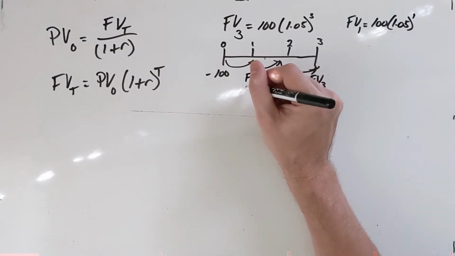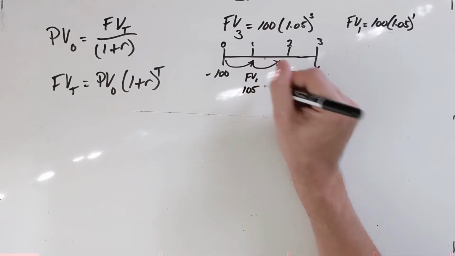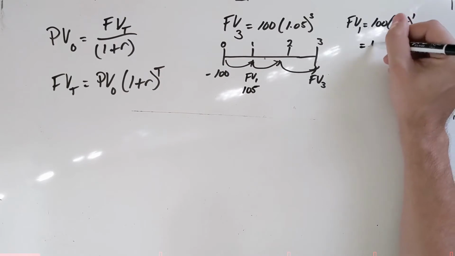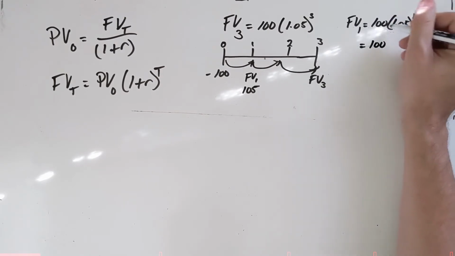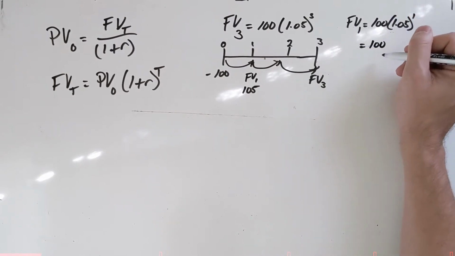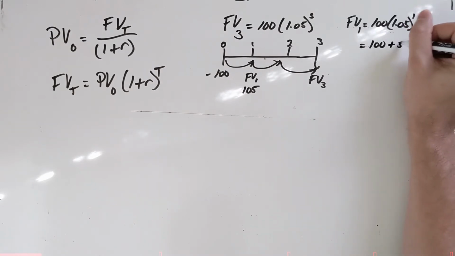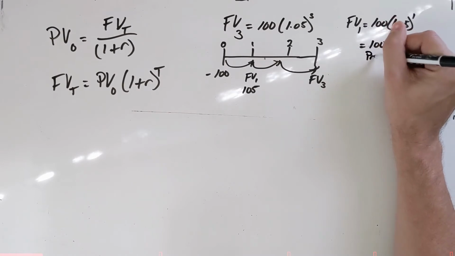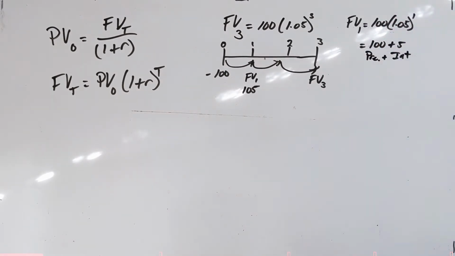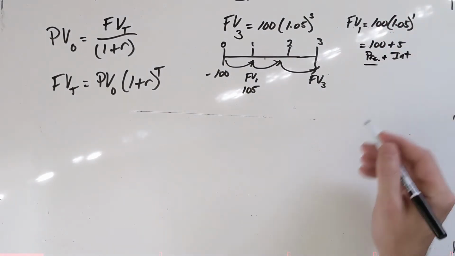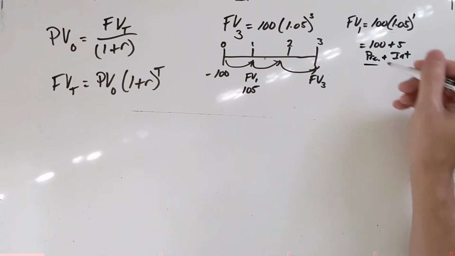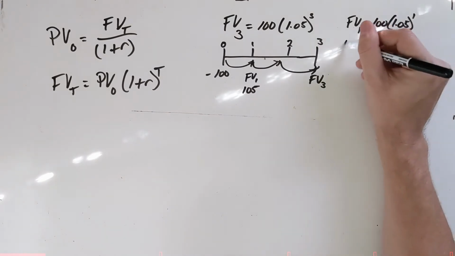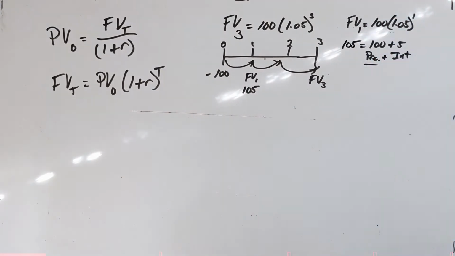Well, it would be worth $105, and that comes from 100 times 1, we get our original investment back, and then we get 100 times 0.05, another $5 back, and this is interest, and this is the principal. Principal and interest, right? That's what we get back. And so that means that our total value in 1 year would be $105.